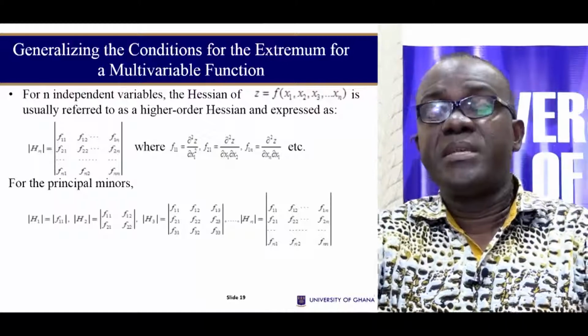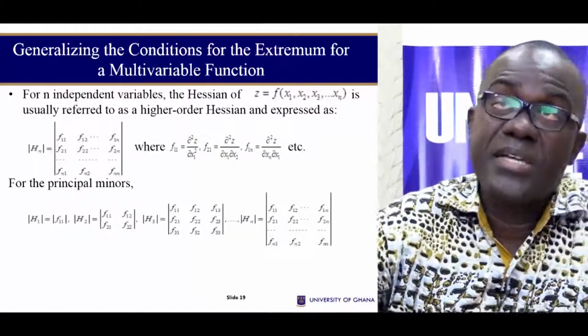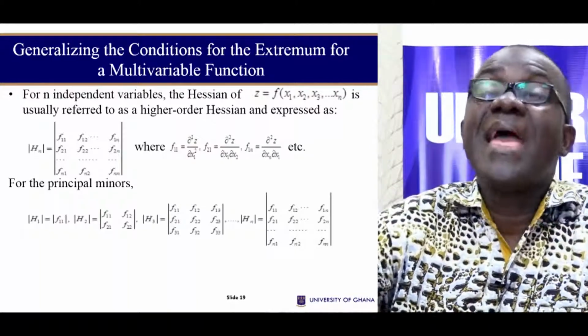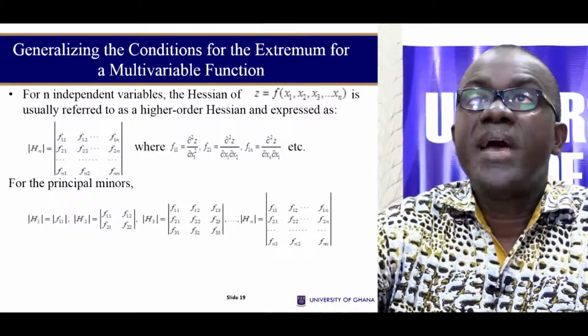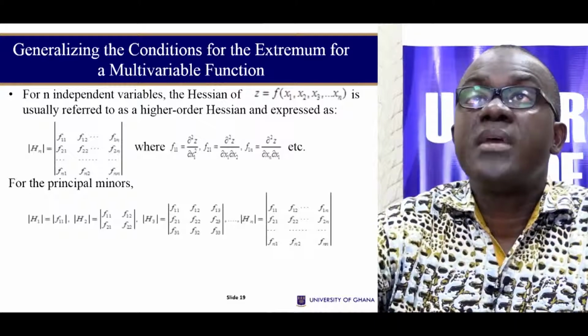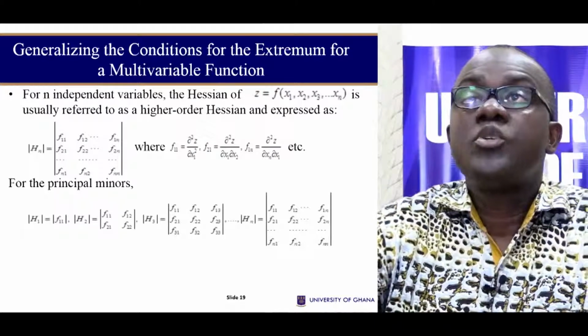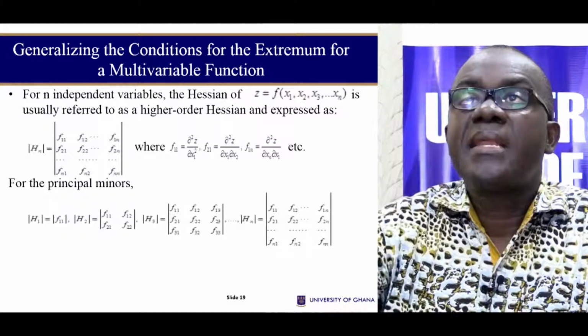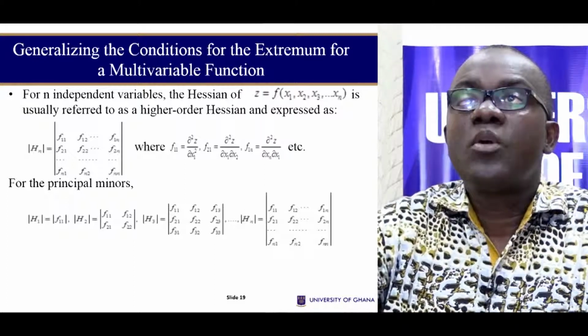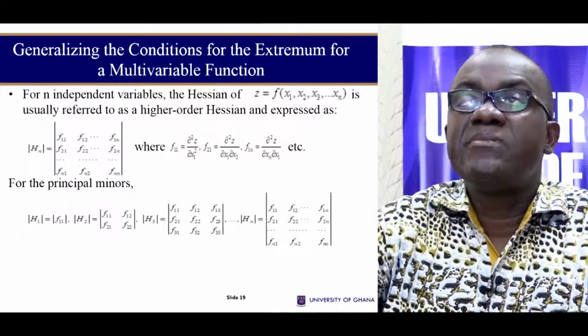Where is the value addition? Assuming you have a production function that has n variables. Here, it means you have to find your Hessian determinant in this way. So you see the diagonal, you have the second order derivatives over here, and outside the diagonal, you have the second order cross partials relative to all the other variables.